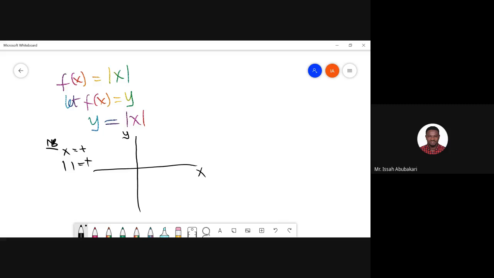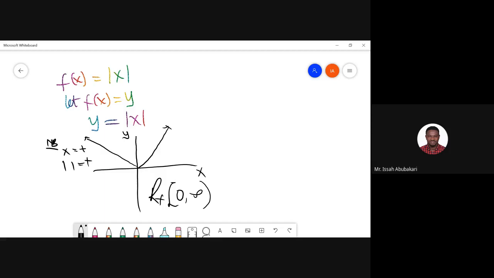And when x is equal to 0, we are going to get a positive or a negative for this one. And we are going to have something like this. So it will be like this. And at the end, the range of the function is going to be from 0 to positive infinity.